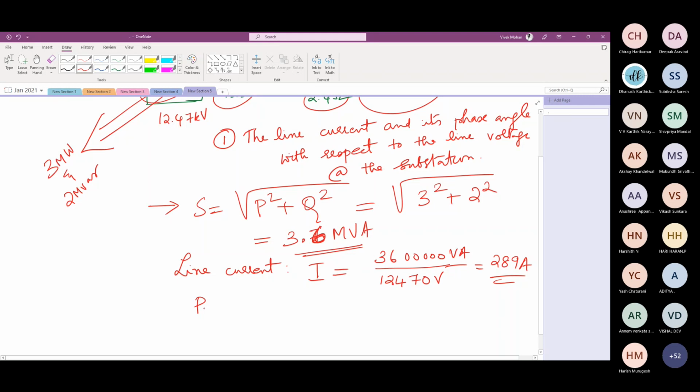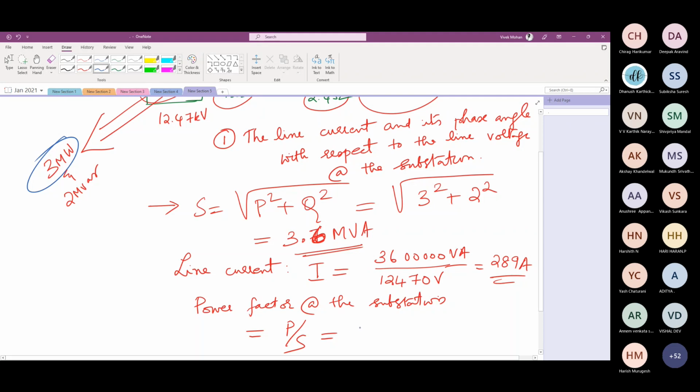Now, power factor at the substation. How will I find the power factor at the substation? I can take P by S. P is already measured at the substation, 3 megawatts.